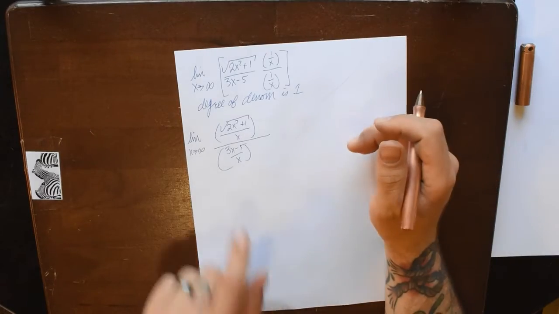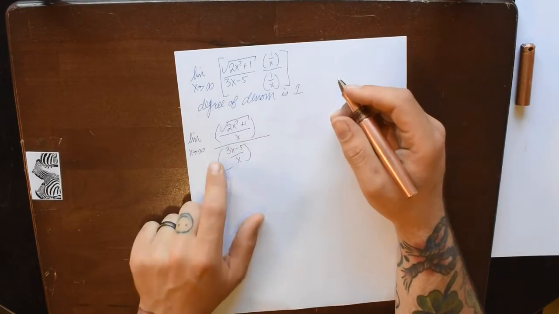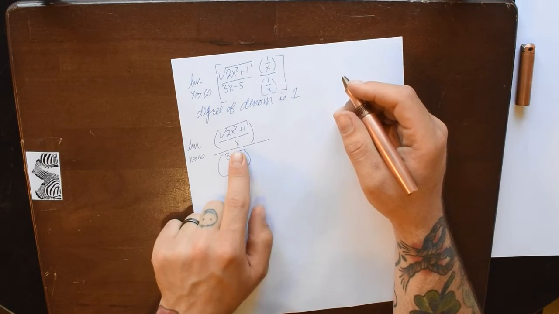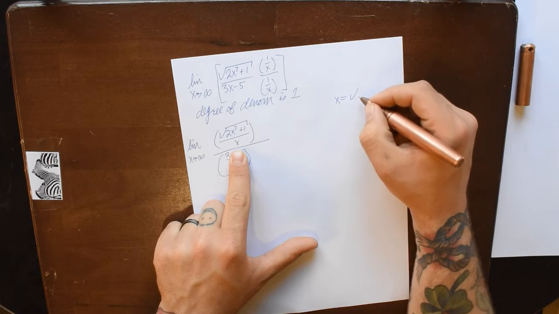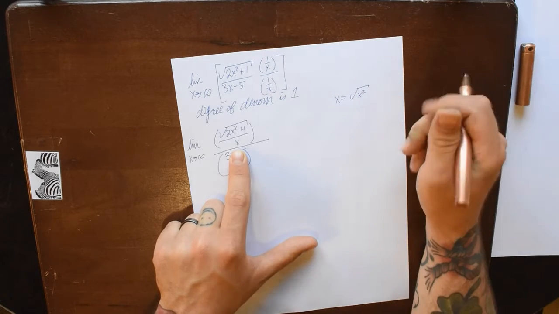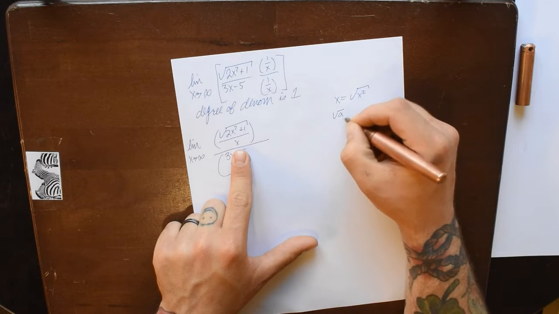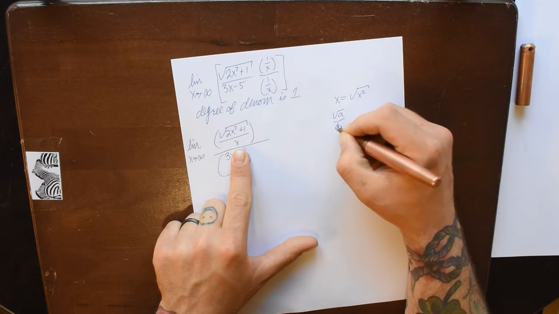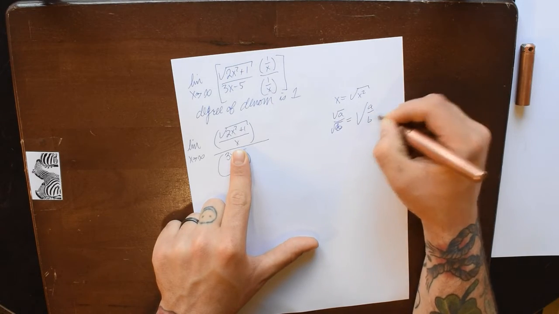We're going to use a couple of properties of real numbers. x is positive, so we can replace x with the square root of x squared. And we know that the square root of a divided by the square root of b is equal to the square root of a divided by b.